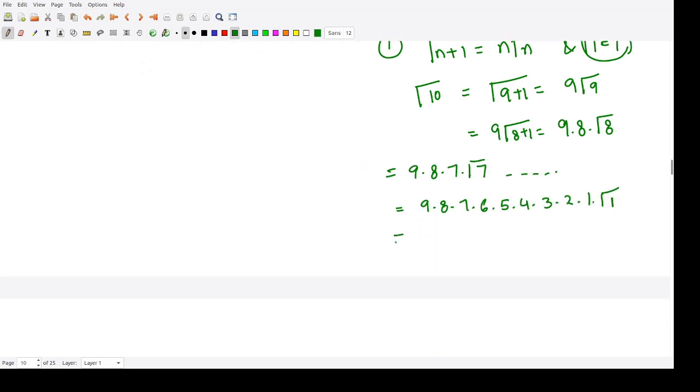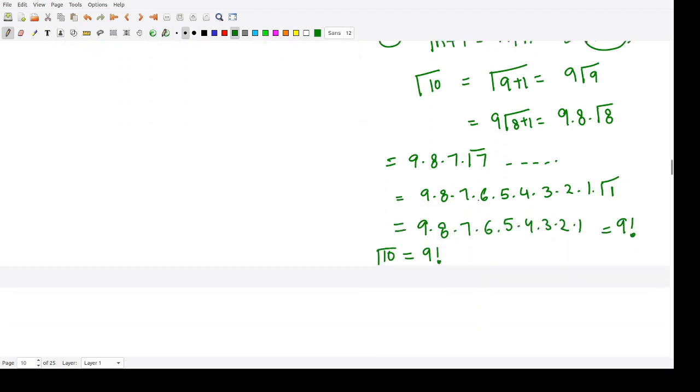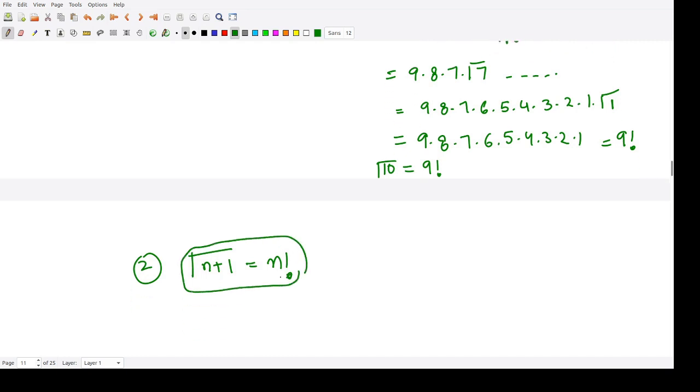Eventually this becomes 9 into 8 into 7 into 6 into 5 into 4 into 3 into 2 into 1, which is nothing but 9 factorial. So you saw that gamma of 10 is nothing but 9 factorial. From here we got another property, that gamma of n plus 1 is nothing but n factorial.